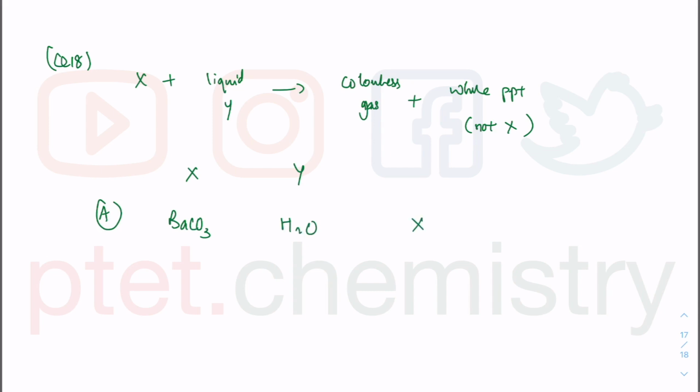I can say that is wrong because group 2 carbonates are insoluble in water. So they are not just going to react and give you a gas. So A is wrong.